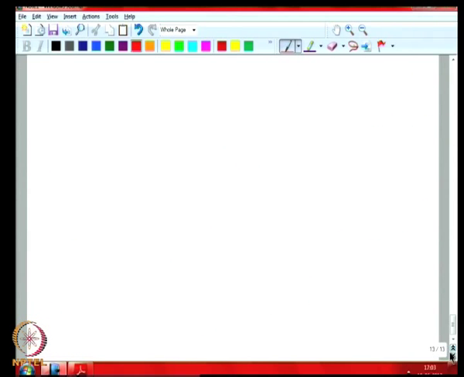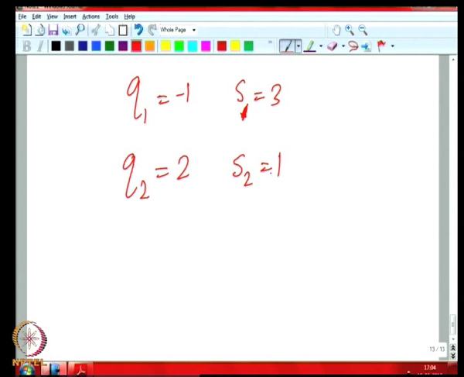Now we can write the part h. Let us say q1 is equal to minus 1, its multiplicity s1 is equal to 3, q2 is equal to 2 and s2 is equal to 1, its multiplicity is 1.